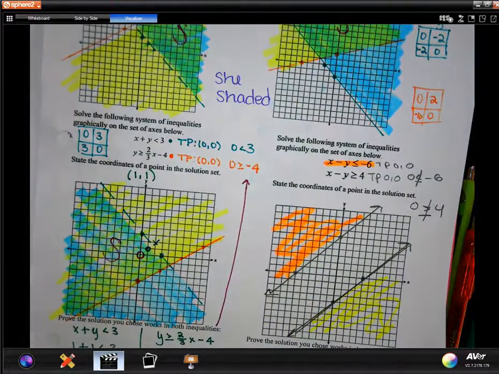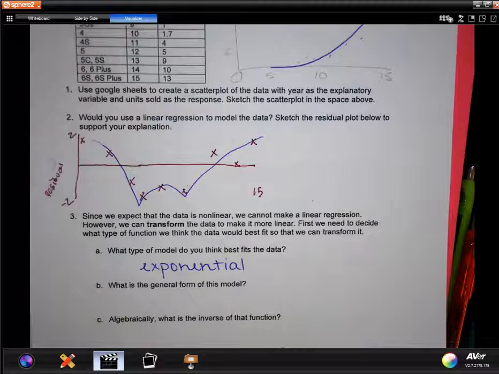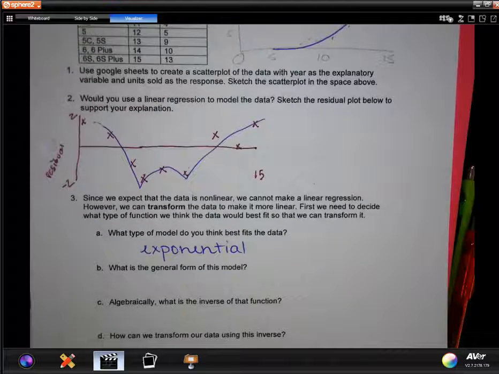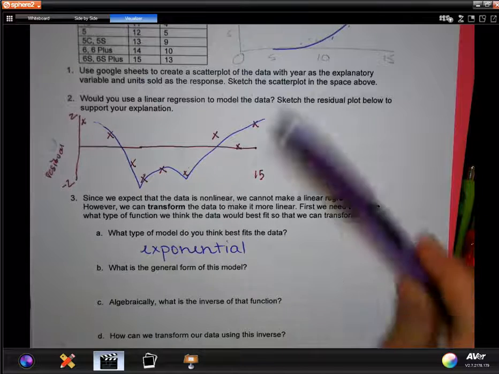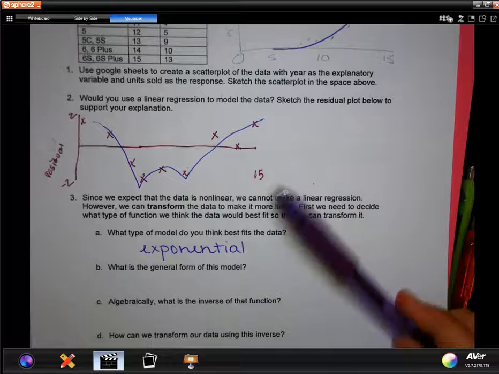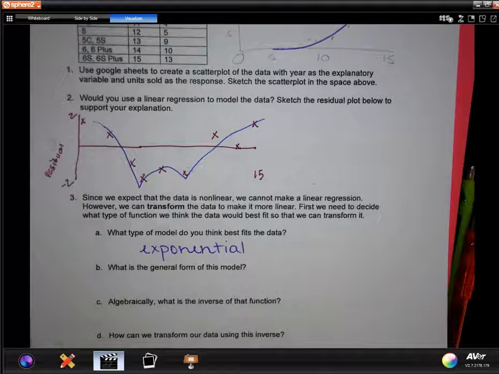Kids were laughing at me. It's like Sally sells seashells by the seashore. I was saying the test point gave her an untrue statement, so she shaded. Okay, whatever.